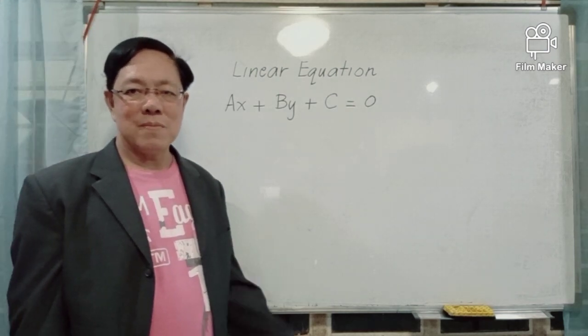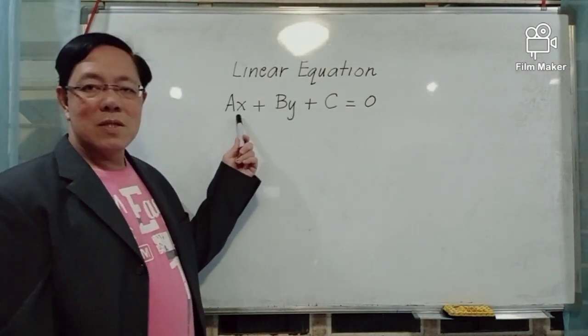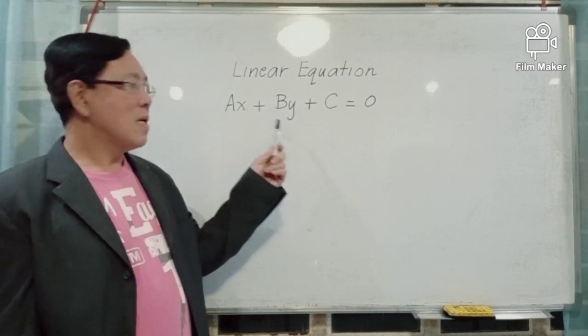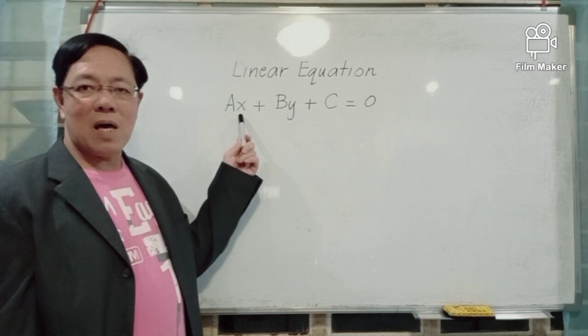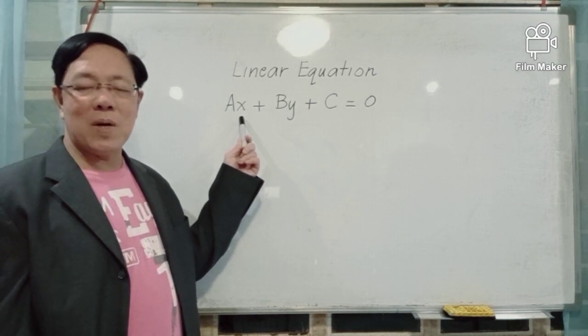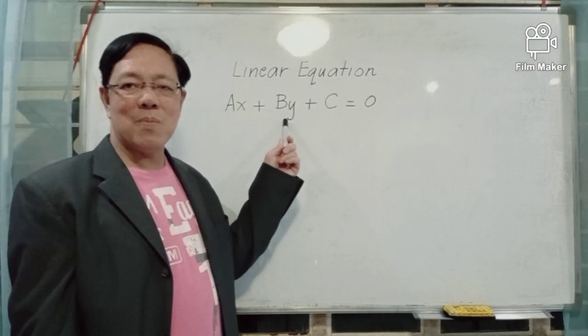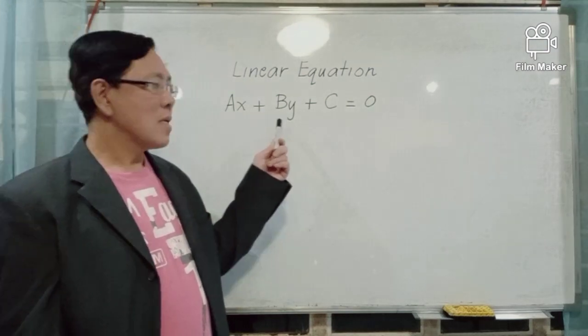Why linear? The variables x and y are said to be linear because the exponent of the variable x is 1, and the exponent of the variable y is 1.